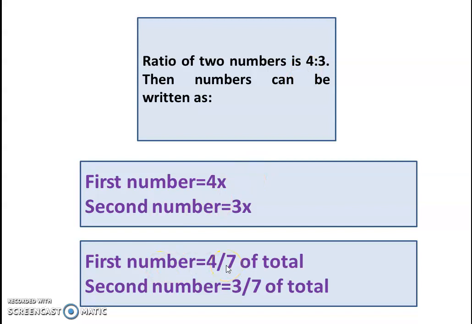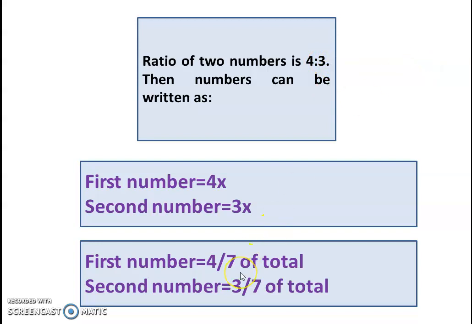the numbers in fraction form. So here the first number can be written as 4/7 because the ratio is 4:3. When we add 4 and 3, that is 7. So the first number is equivalent to 4/7 and the second number is equal to 3/7 of the total, right?